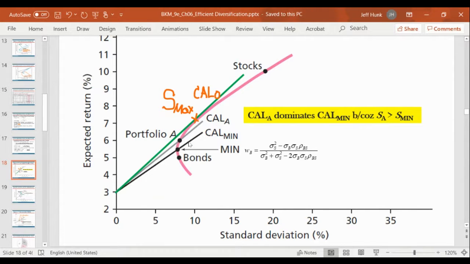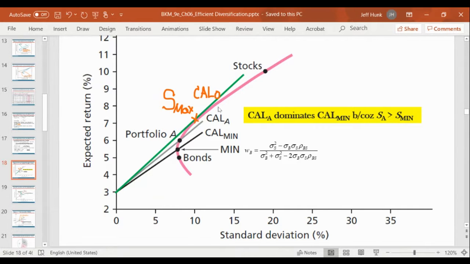For example, if 10% is the standard deviation, along this minimum variance CAL the return would be like 6%, but our investment opportunity frontier offers like 7% return. So we can do better.